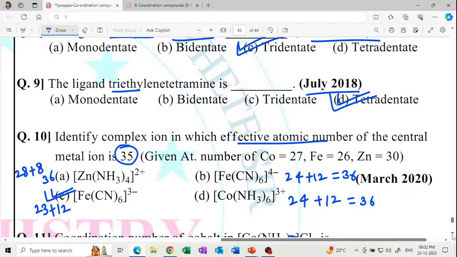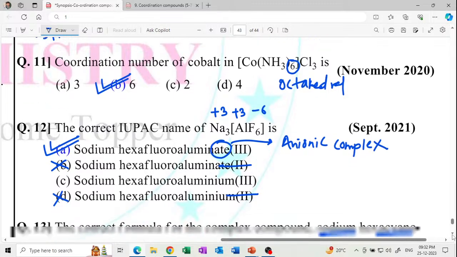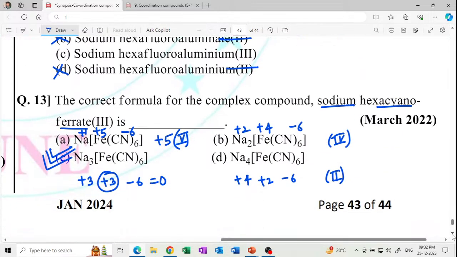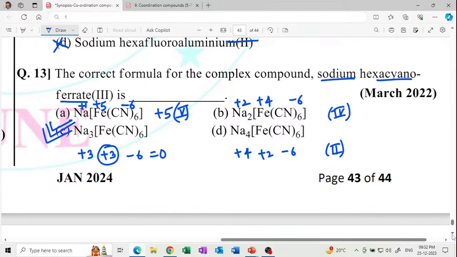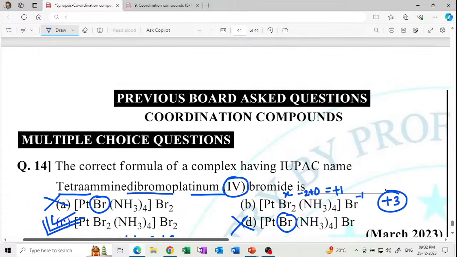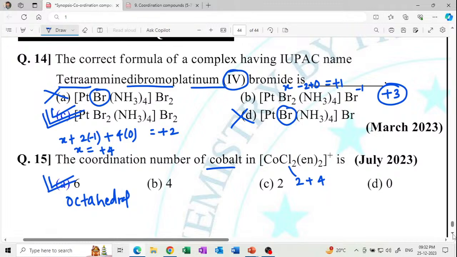आयडेंटिफाय द कॉम्प्लेक्स, इफेक्टिव्ह ॲटॉमिक नंबर. ओके, व्हेरी इझी क्वेश्चन्स आहे. आयुपीएससी ने विचारतो तुम्हाला. नंतर कॉम्प्लेक्स फॉर्म्युला. You should be able to find out the formula of the complex, coordination number. तर हा चॅप्टर अतिशय सोपा चॅप्टर आहे.